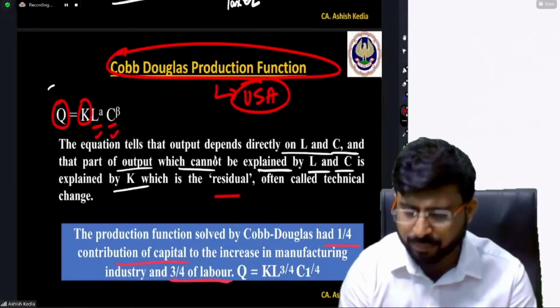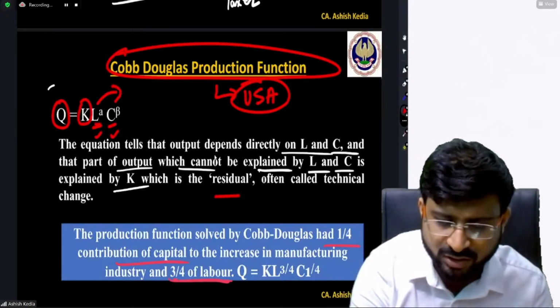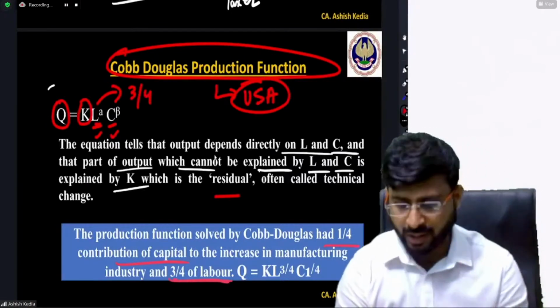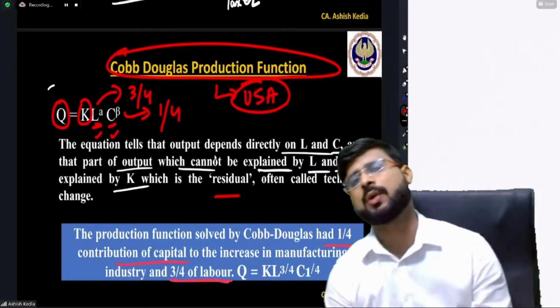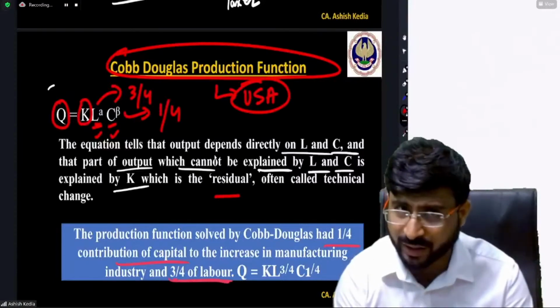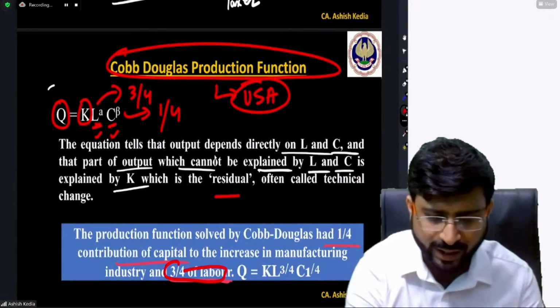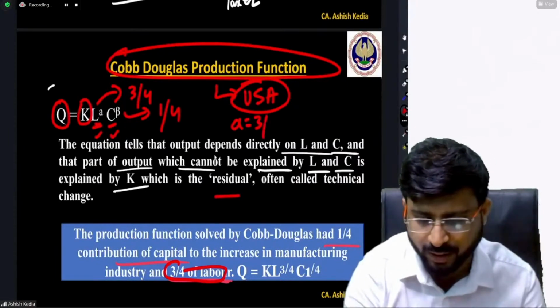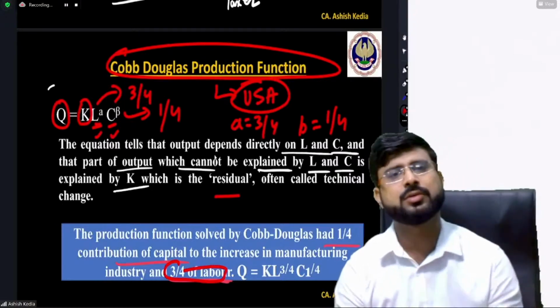So what Cobb-Douglas noticed was that labor was contributing three-fourths and capital was contributing one-fourth towards total production. In the US, we are specifically talking about the manufacturing industry. Labor was contributing three-fourths. So A equals 3 by 4 for labor and B or beta equals 1 by 4.